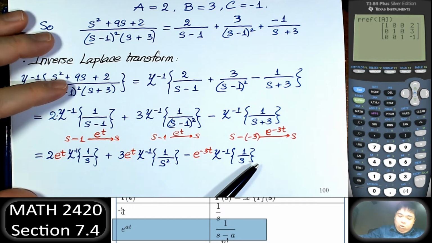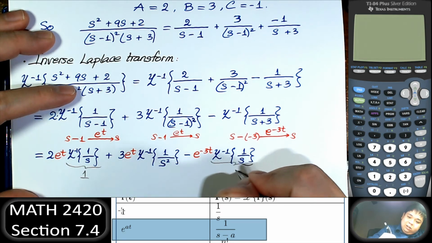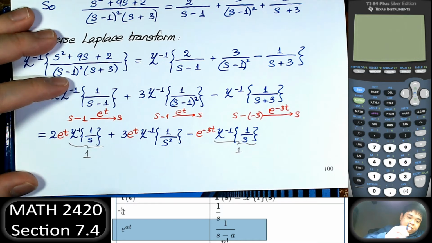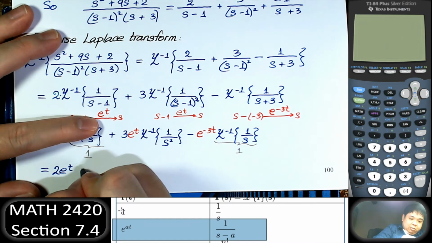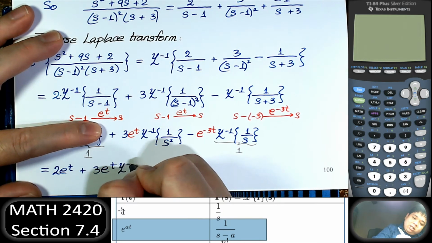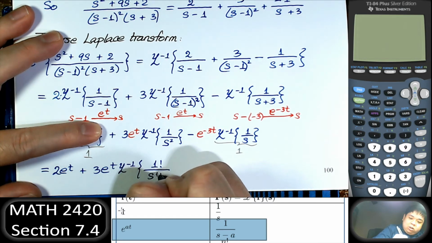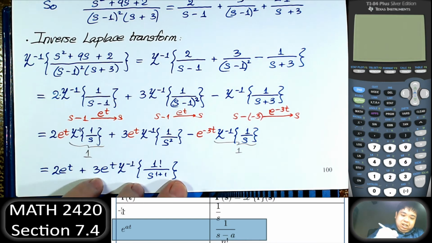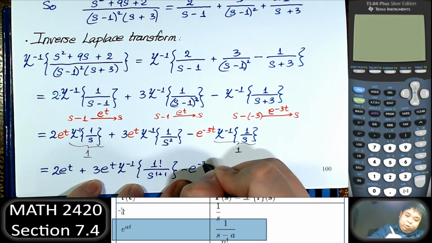So this is equal to 1. And this, if we write that, so we have 2 e to the t plus 3 e to the t. Now for this one, if we rewrite as 1 factorial over s to the 1 plus 1, the inverse Laplace transform of that is a t. This is just 1, so we have e to the negative 3t.